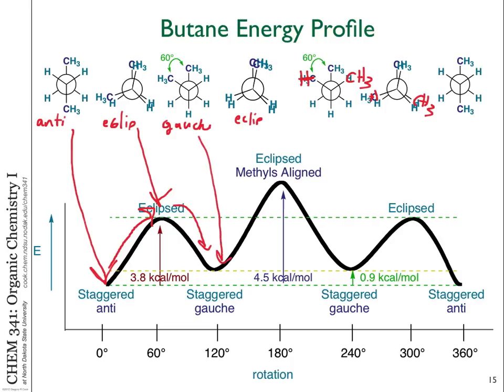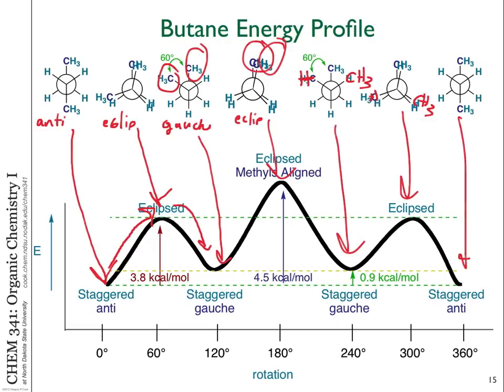But because we have this steric strain of the two groups coming closer together, we don't go all the way down back to our 0 point from where we started. This is a little bit higher in energy than where we started, about 0.9 kilocalories. Okay? And as you rotate further, you start to really get that sterically crowded situation where the two methyl groups are next to each other. That's the highest energy, and so on. So that is how all of those things are aligned here.